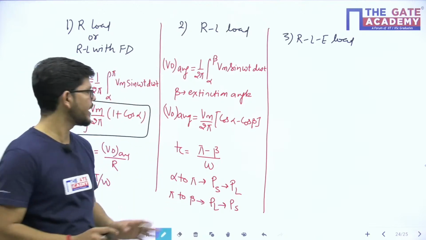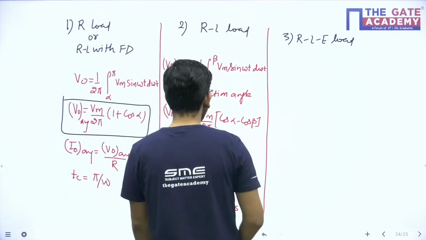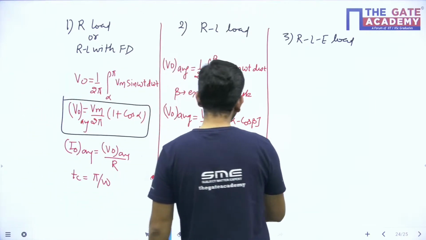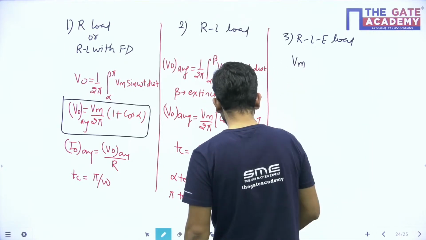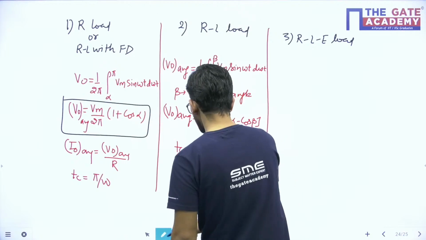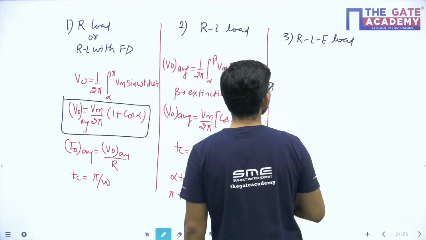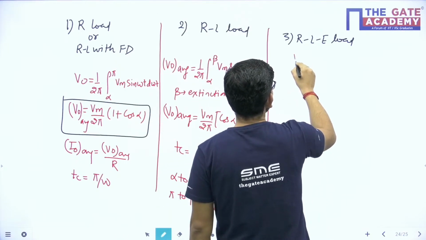Okay. In case of RLE load, we have E present in the load. Due to the presence of E, there is a limitation on firing angle.